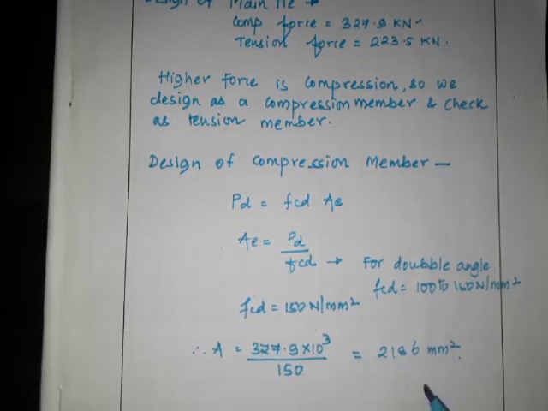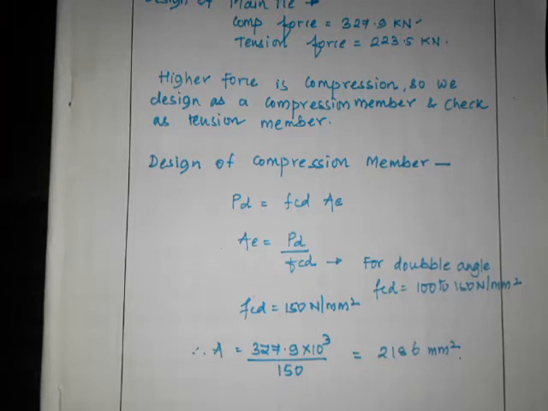So again you have to go back to the steel table. After this you have to go back to the steel table, and you have to select a section that is double angle back to back. Generally go for equal angle sections. I repeat, go for equal angle sections and select a section.